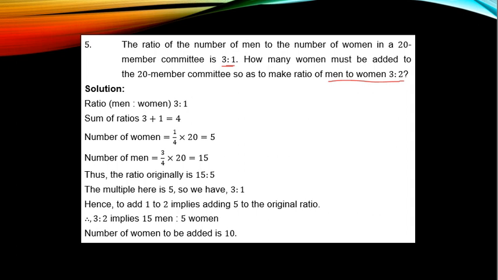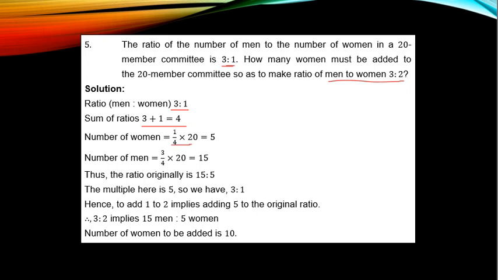3:2. So from the question, men to women is 3:1. For us to share, you must get the sum of ratio. That is 3 plus 1 equal to 4. So the ratio of men is 3 and the ratio of women is 1. So the number of women in that committee becomes the ratio of women, 1, divided by the sum of ratio, 4, times the total members in that committee, 20.